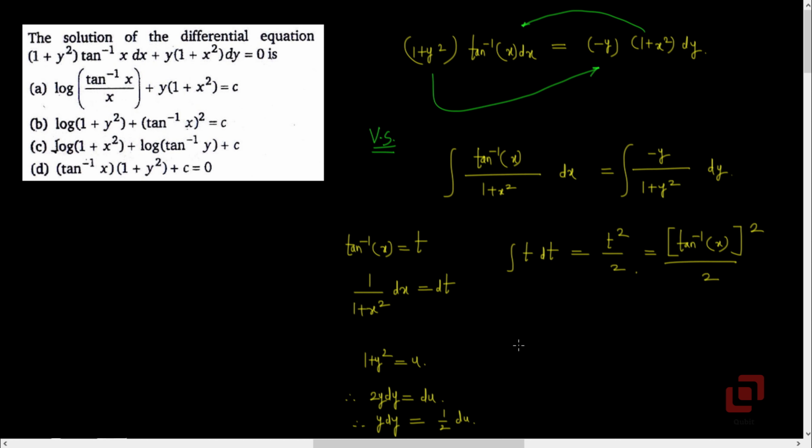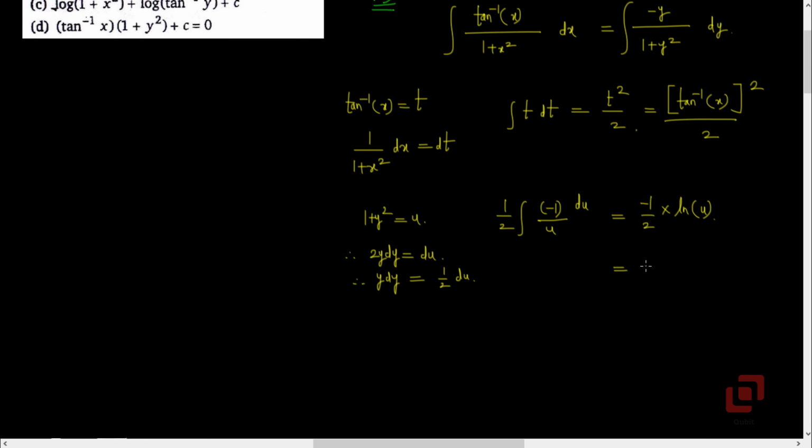So the integral on the right hand side now takes the form integral of minus 1 will stay there, y dy will get replaced by 1 upon 2 du, and 1 plus y squared is u. If you integrate this, you will get minus 1 upon 2 into log of u, which is nothing but minus 1 upon 2 into log of 1 plus y squared.